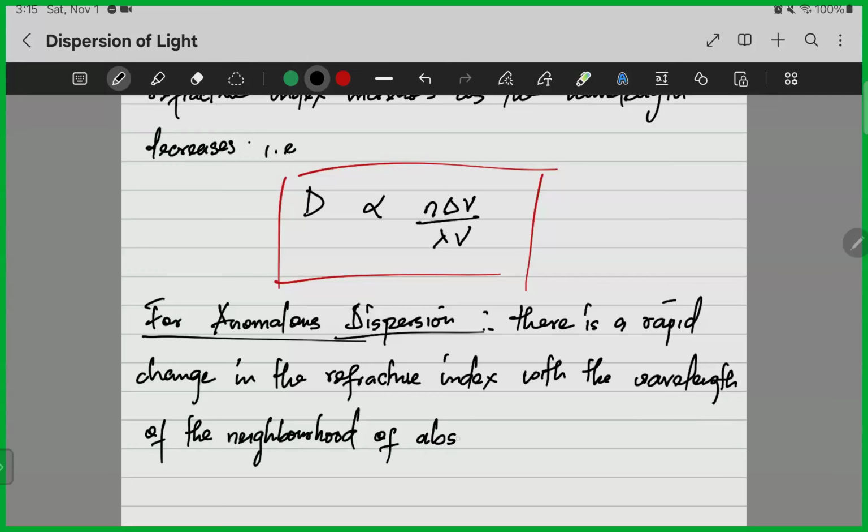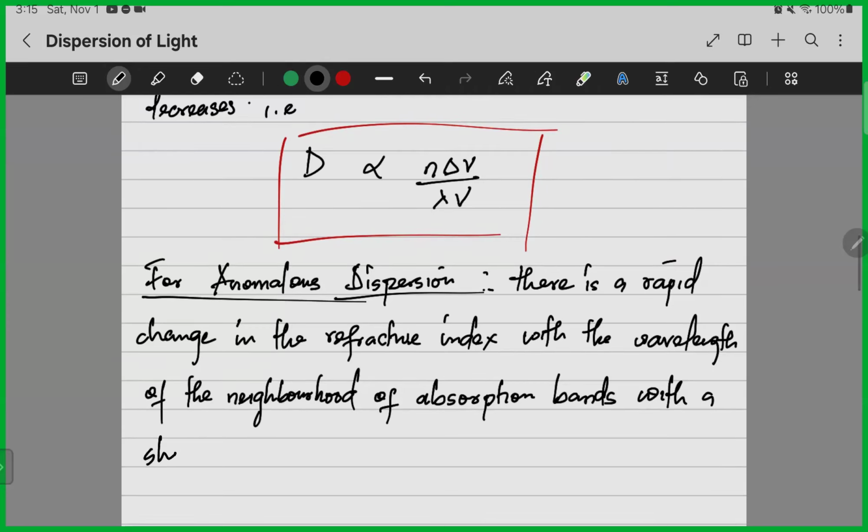Assumption. With a shorter wavelength at a lower refractive index.